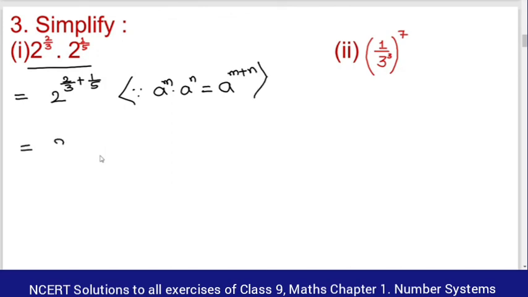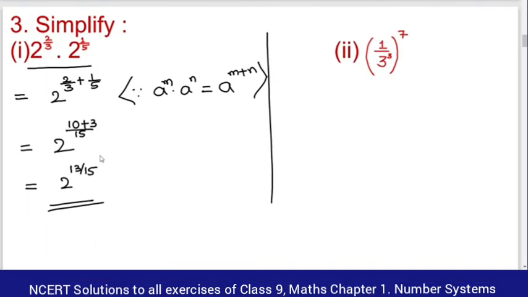Now this is equal to 2 to the power, here we will take LCM as 15, then it becomes 10 plus 3, which is equal to 2 to the power 13 divided by 15. So which is the required answer.